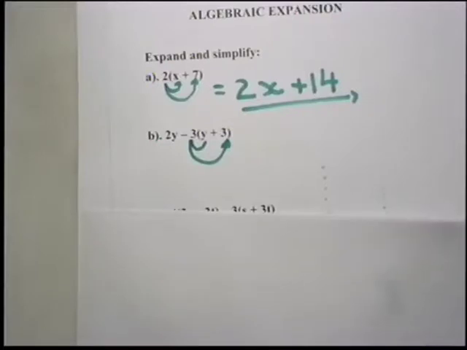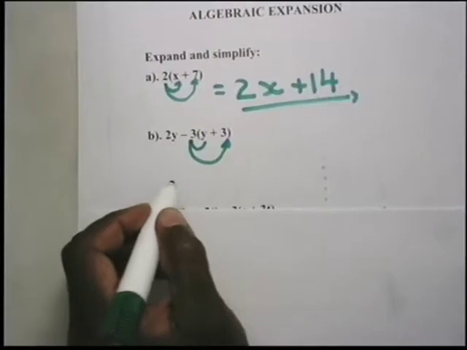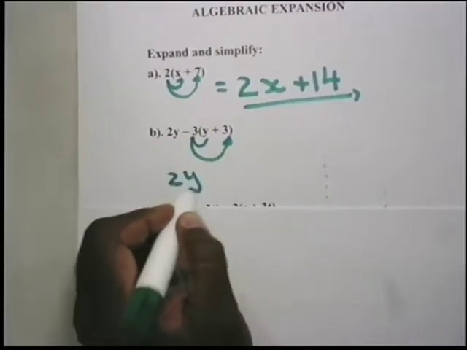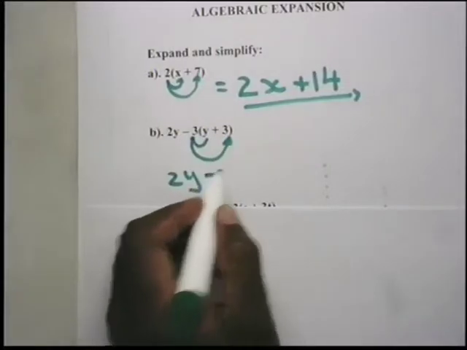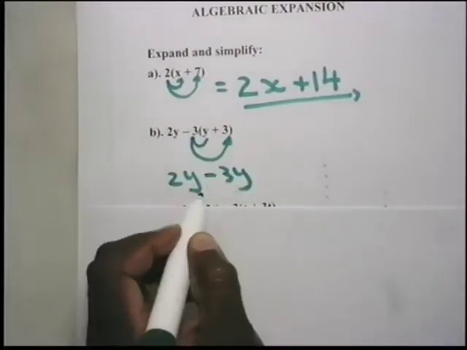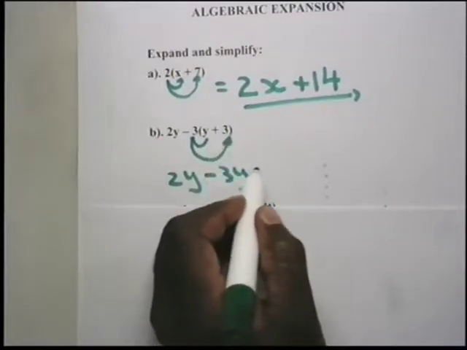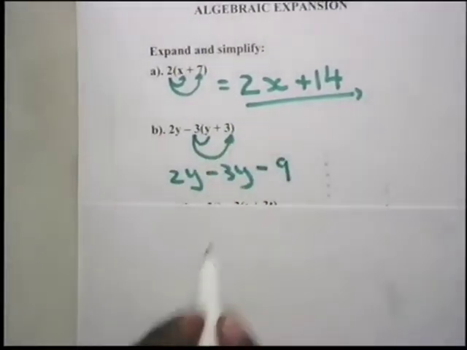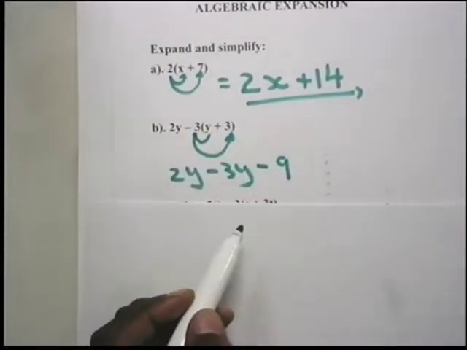So that being the case, then we will have 2y as it was given. Negative 3 times positive y is negative 3y, and negative 3 multiplied by positive 3 is negative 9. So that is the first line of expansion.